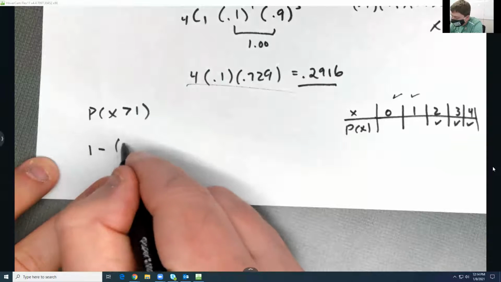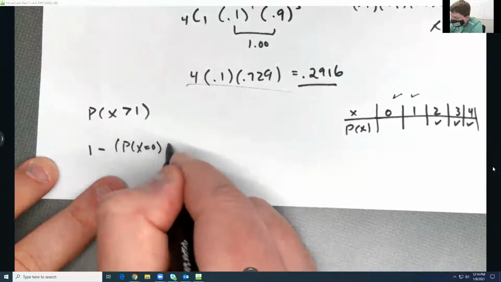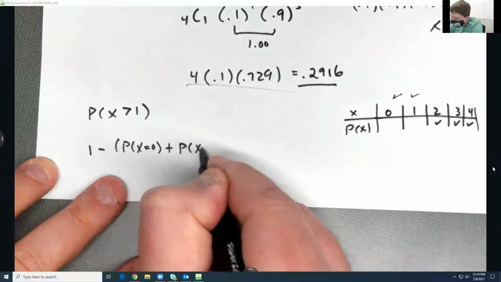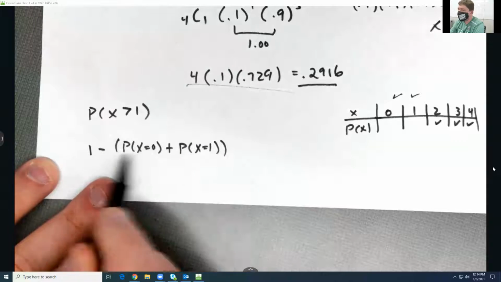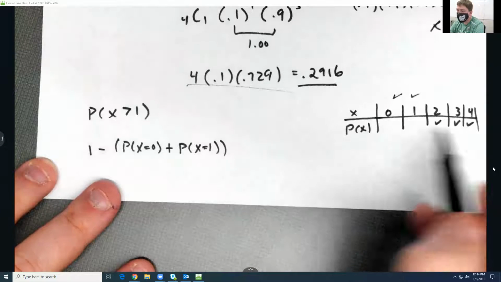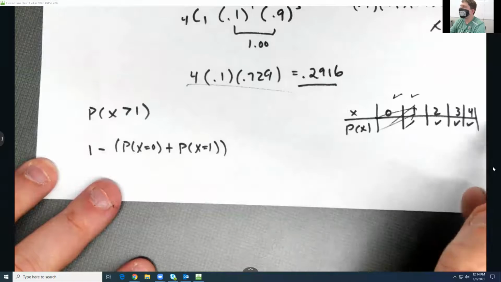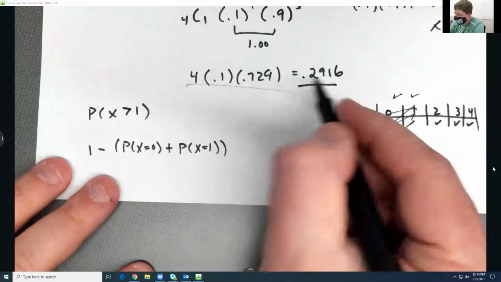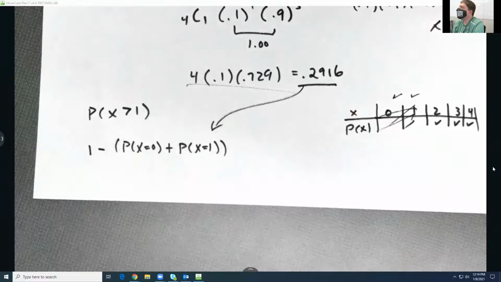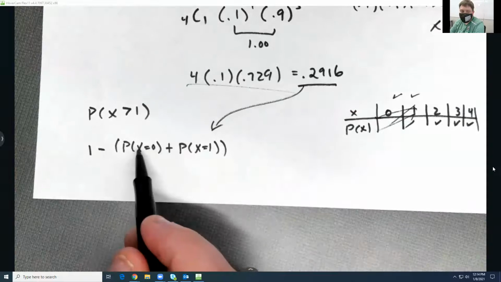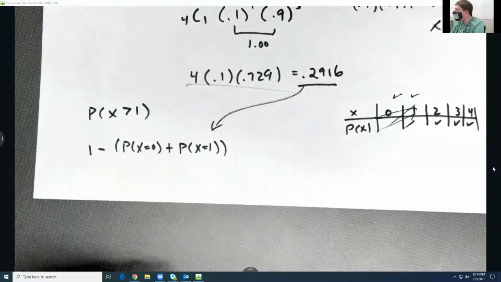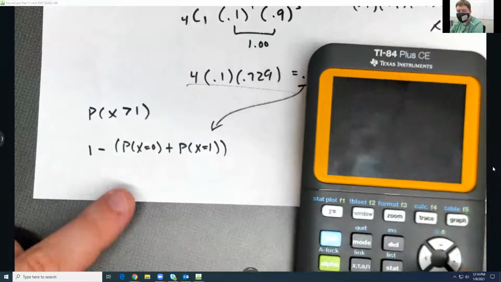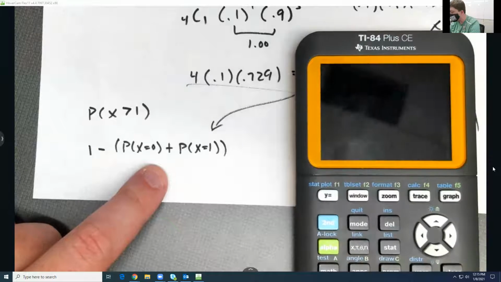So I can do 1 minus the probability x equals 0 plus the probability of x equals 1. If I subtract those 2 from 100% of everything, those get taken away. What's left is what I care about. The reason this is a little bit easier is because we already know this answer, and now all we have to do is find out 1 more and we're all set. You can do it either way and still get the same answer. I'm not going to show you the other way because it takes longer.